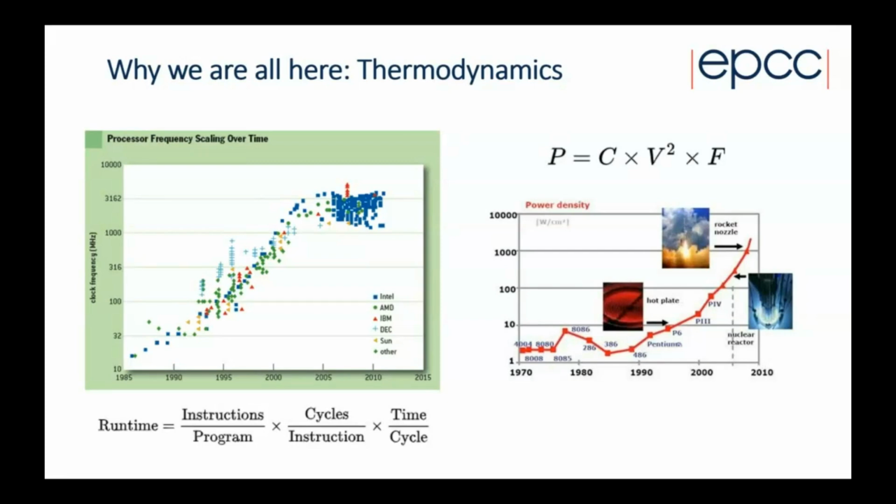And is that an efficient way to try and get your computation out? So the equation in the top right says the power is related to the voltage squared times the frequency. So if I reduce the frequency, I can do something about the voltage as well, and then I can gain some benefit in terms of the total power, which can halve.